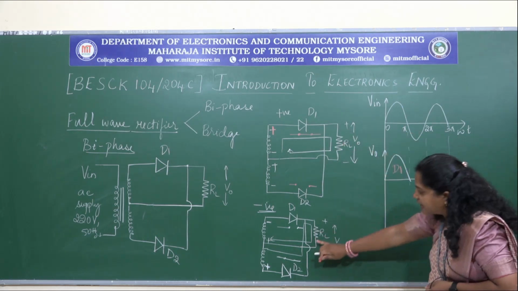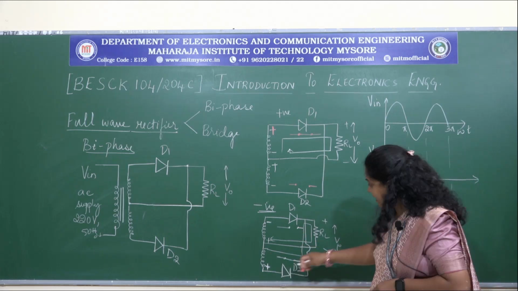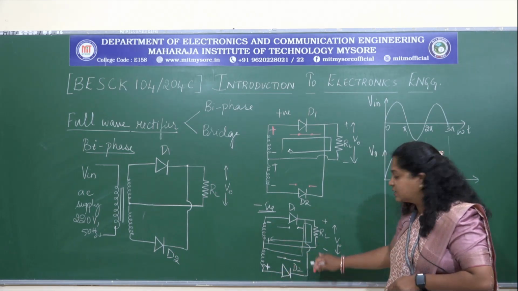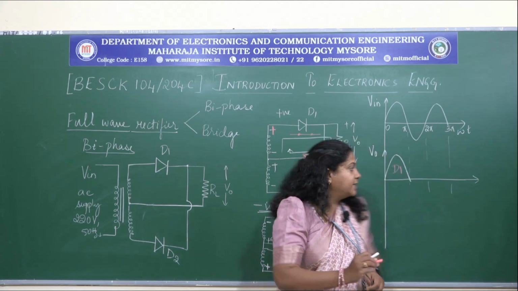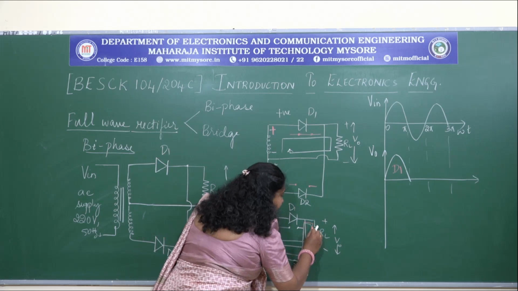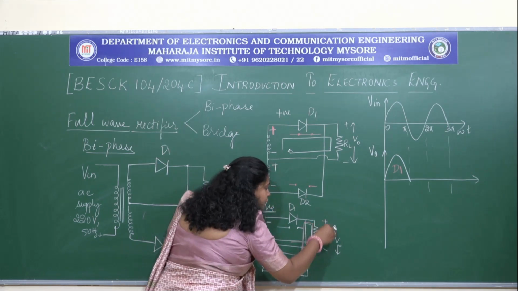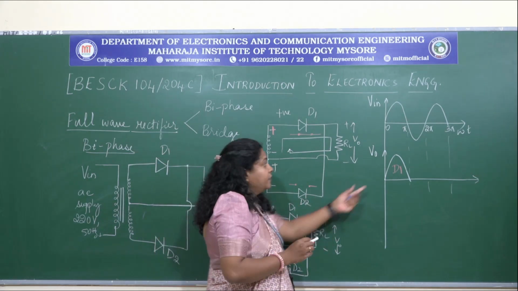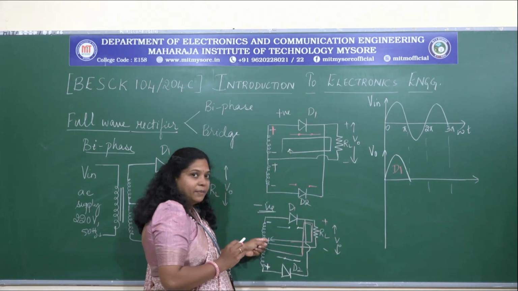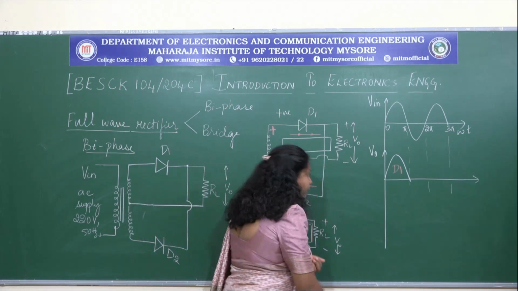During the negative half cycle, what is happening? The diode D2 is going to conduct, and because of this we are going to get an output. The output that we get takes this path and flows from positive to negative only. So the direction of the output does not change, it is the same, and it comes back to the center tap point.